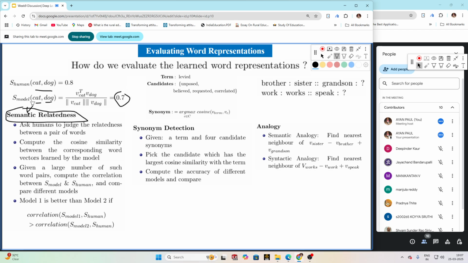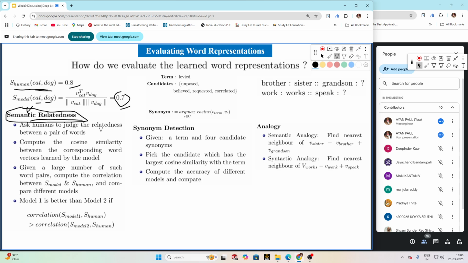And here we will also take the help of humans. We will take sample information from different humans and ask them to decide how similar cat and dog are. So we have the similarity based on humans, that is 0.8, and the similarity based on the model, that is 0.7. Now how can we say which model is better than which in the case of semantic relatedness?